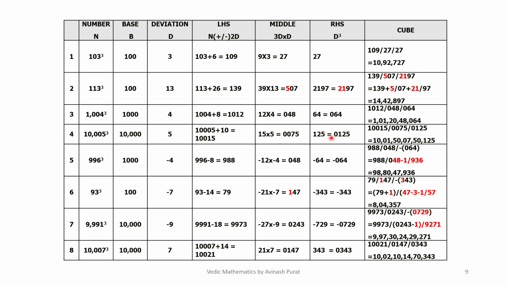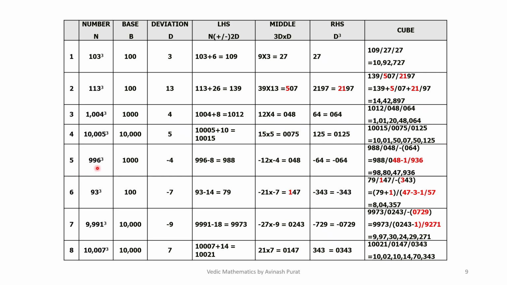Again, 4 digits are to be taken on the right hand side of the stroke. So 10015 stroke 0075 stroke 0125. That gives us the value 100150075 0125, that is 10,01,50,07,50,125.